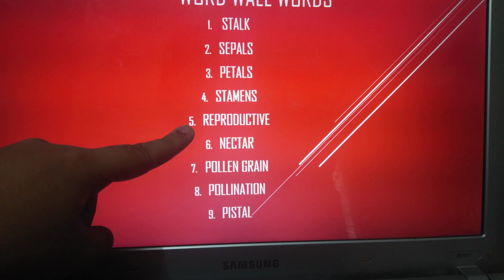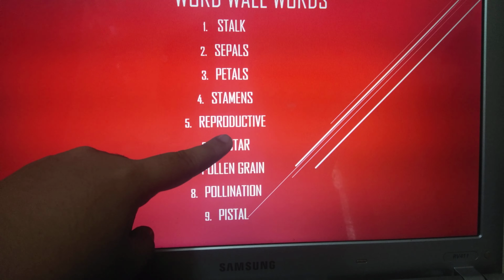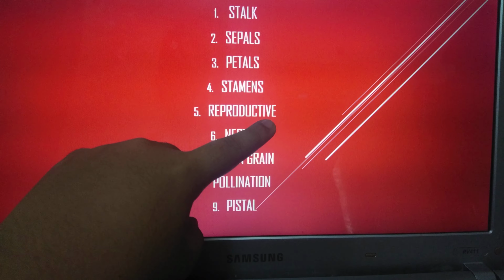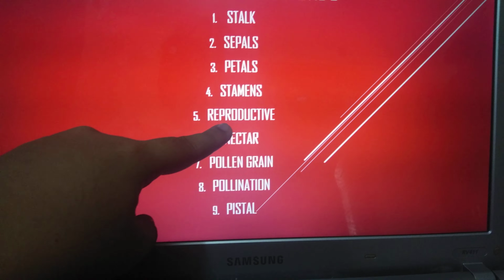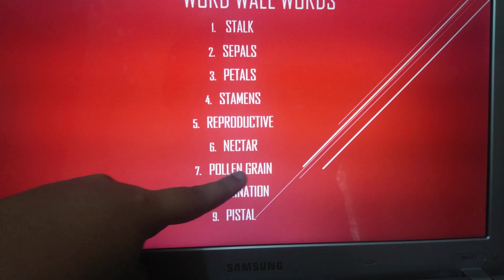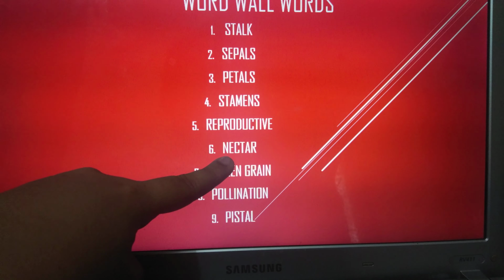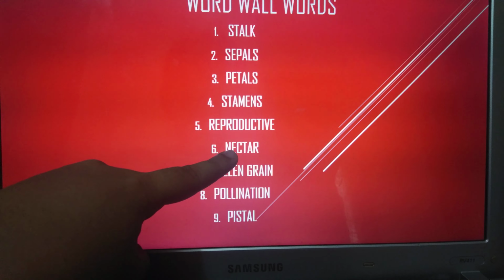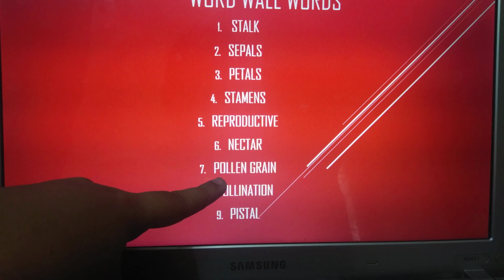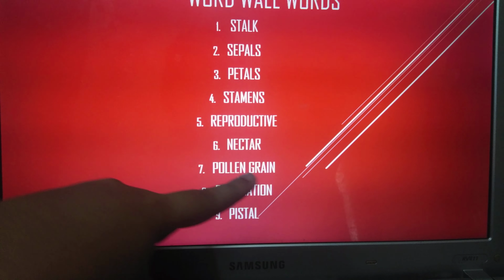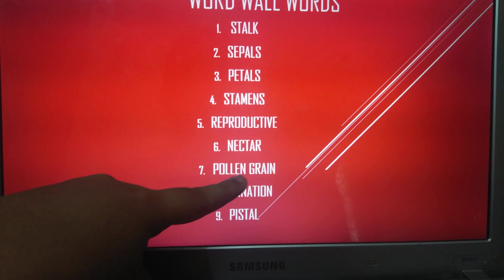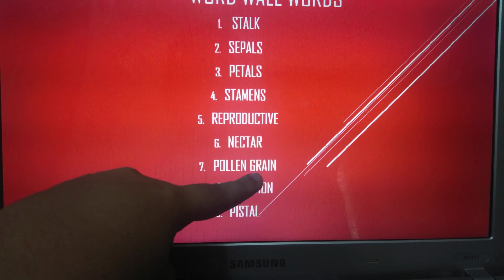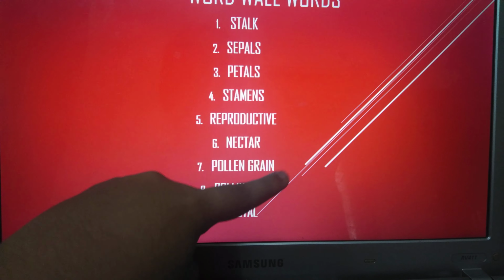Reproductive. R-E-P-R-O-D-U-C-T-I-V-E. Reproductive. Nectar. N-E-C-T-A-R. Nectar. Pollen grain. P-O-L-L-E-N. Pollen grain. G-R-A-I-N.